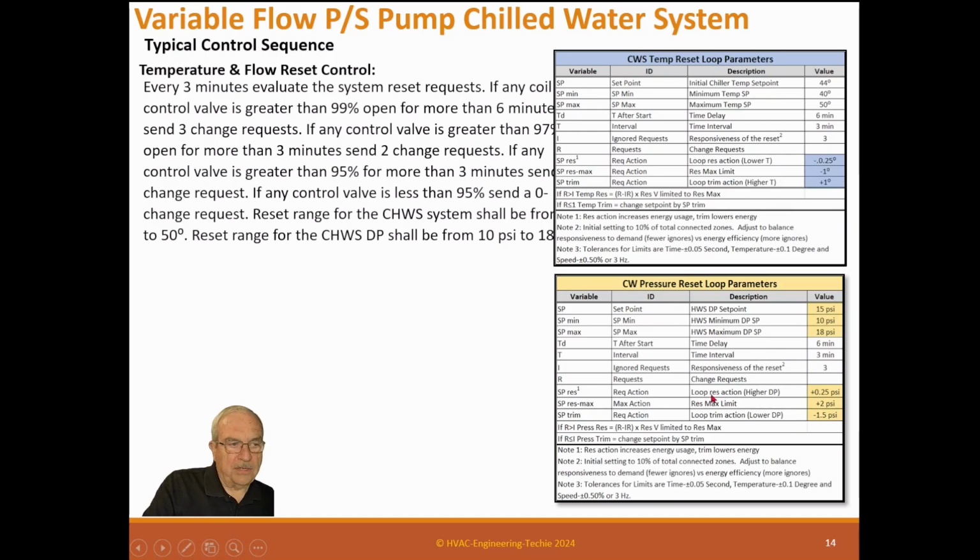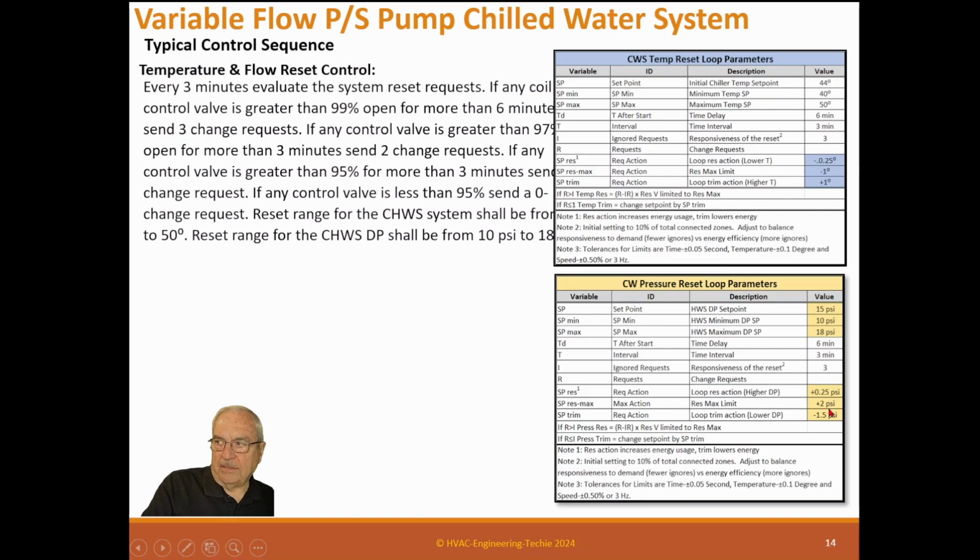Remember that reset always increases energy and trim always lowers energy, no matter what we're doing. So the formula is resets. If the resets are greater than the ignored request, then the pressure reset is R minus IR times the res variable, which is this right here, and limited to the maximum.